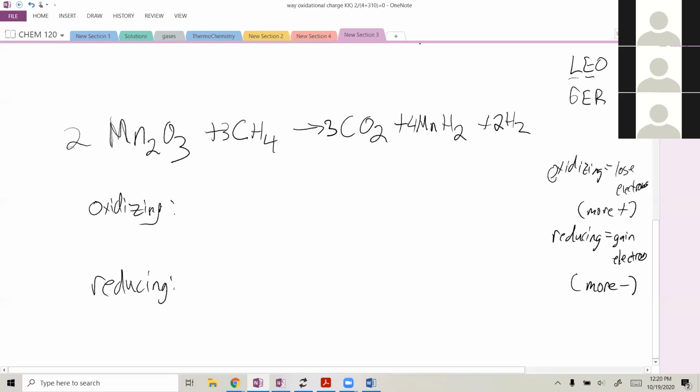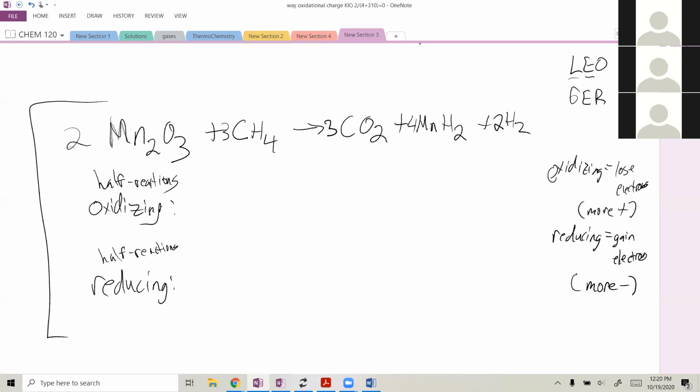So what we want to do is take this. We need to find all of our different oxidation numbers first, and then we're looking for who is oxidizing and who's reducing. Once we have that, then we can split that into our half reactions. So I'm going to split you into two groups, and then I'll check in on both of you in your breakout rooms.